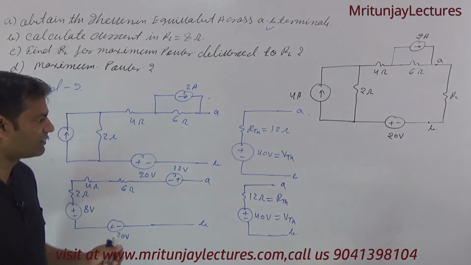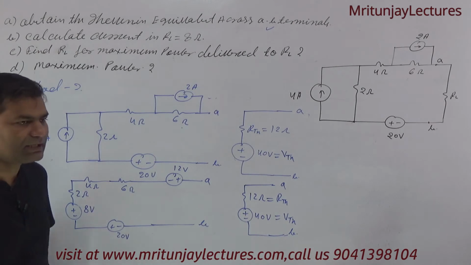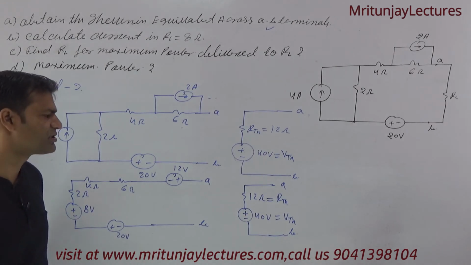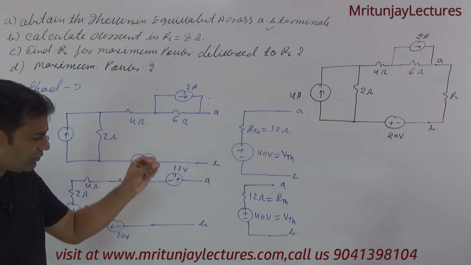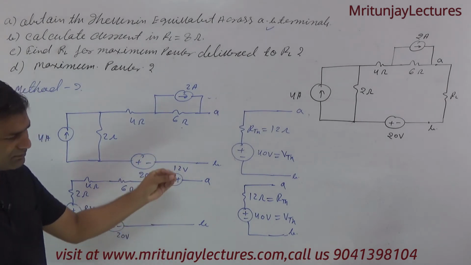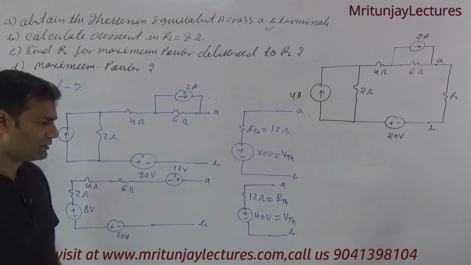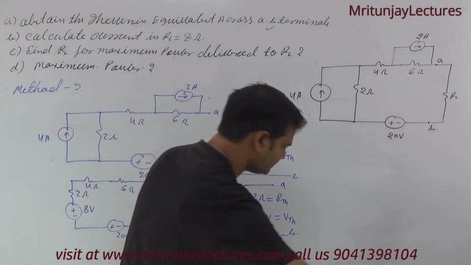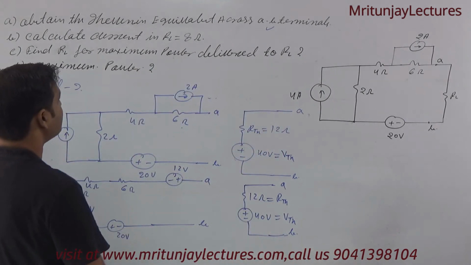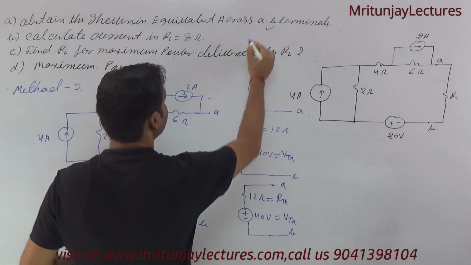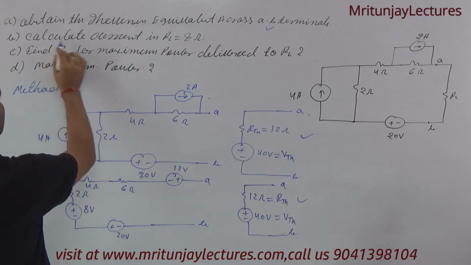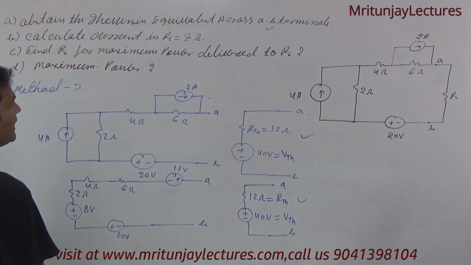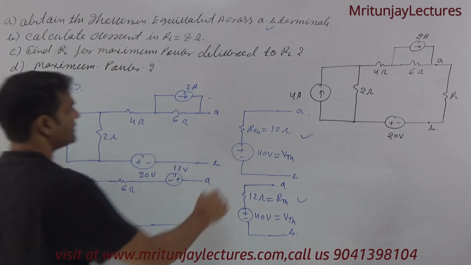So it is clear how you can determine VTH and RTH with the help of source transformation or the conventional method. Whichever method you feel comfortable with, follow it. Now the next target. The first question is clear. Now the next one: calculate the current in RL.